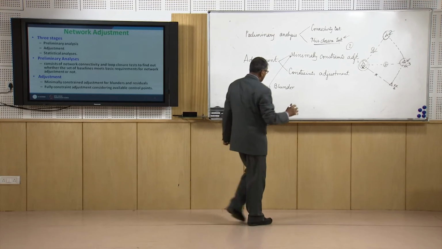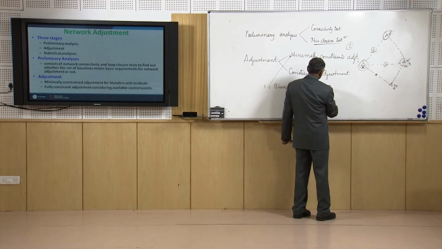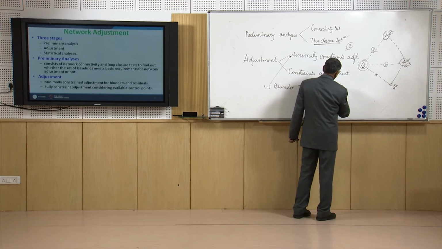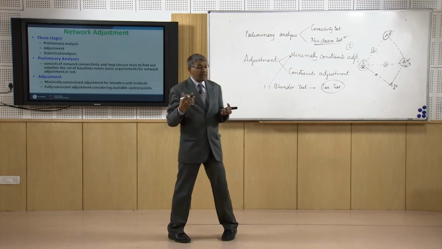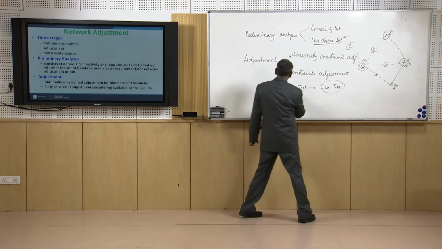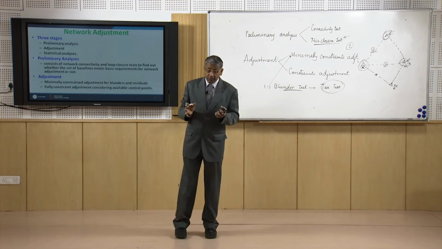That is called the blunder test, and that is done by a test called Pope's tau test. This is one of the tests; there may be many tests, different software can do different types of tests. I am only saying that in the blunder test we will be testing whether a blunder is available.